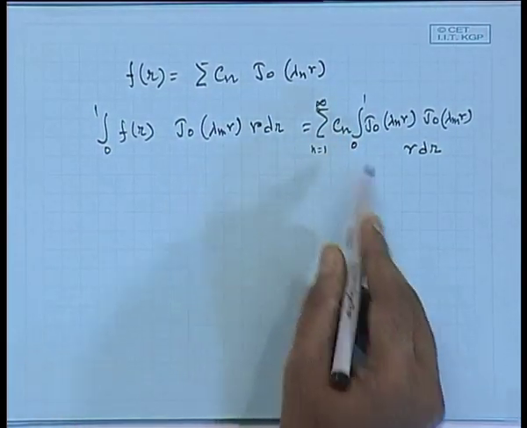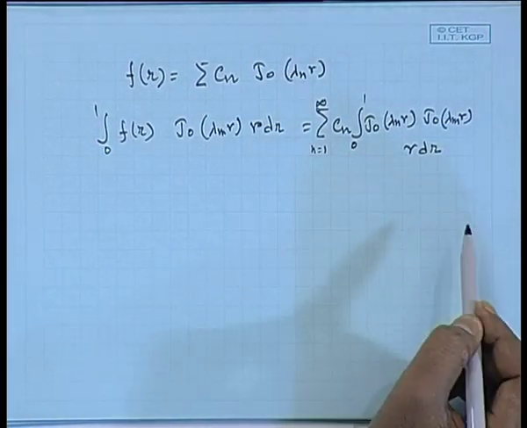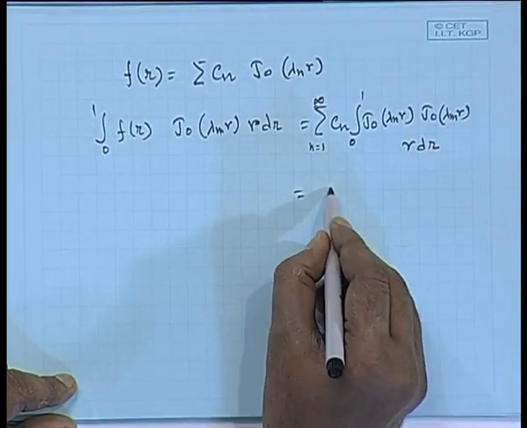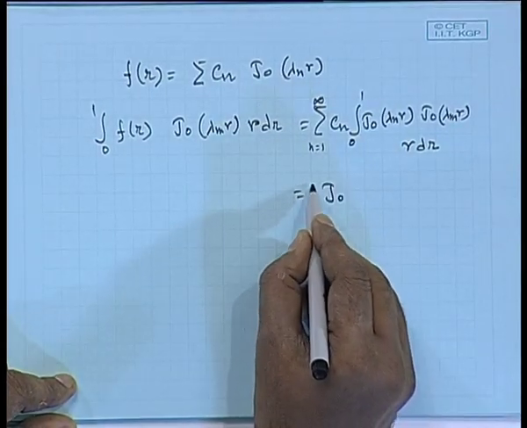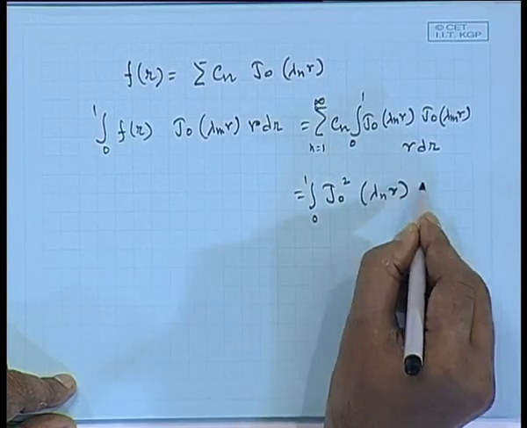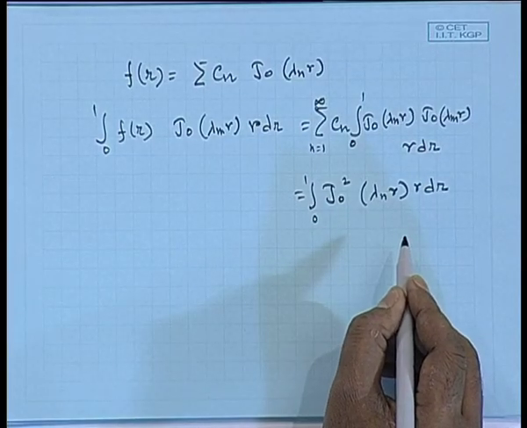Okay. Now, we open up this summation series, all the terms will vanish because of the orthogonal property of the Bessel functions, apart from one term, that is n equal to m. So, this becomes Cn times integral 0 to 1 J0 square, let us say lambda n r, r dr. Agreed?